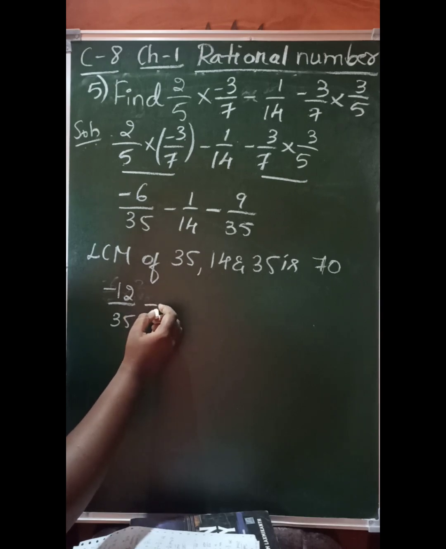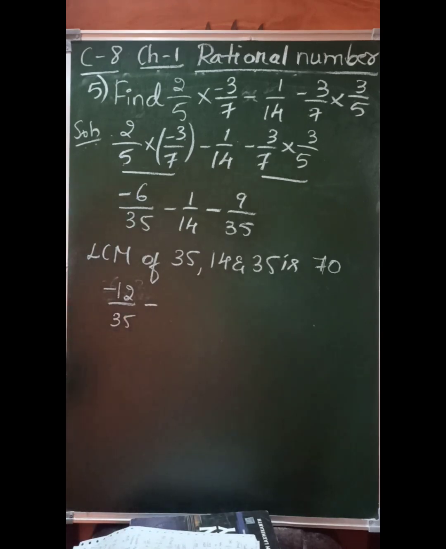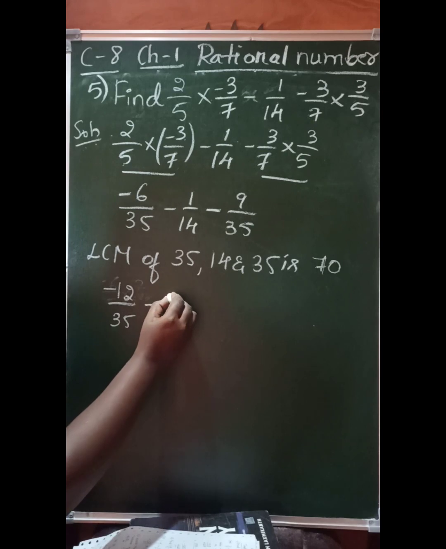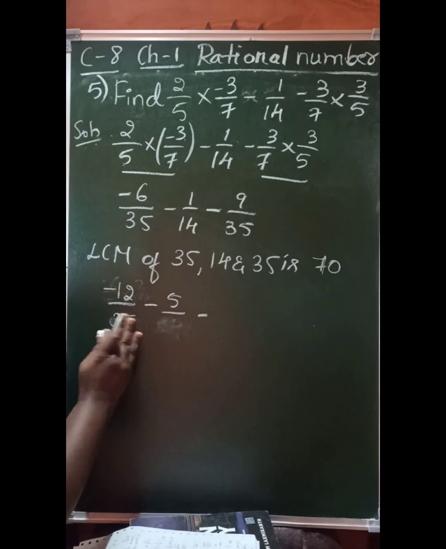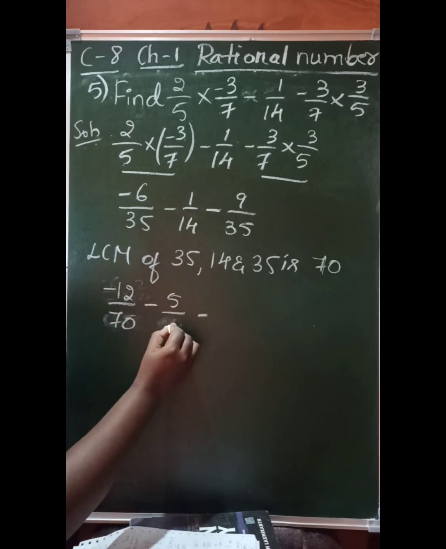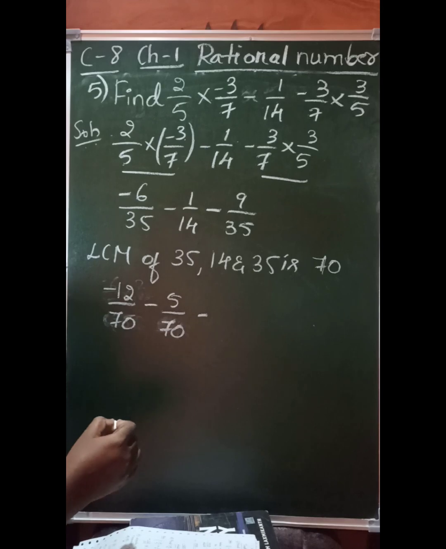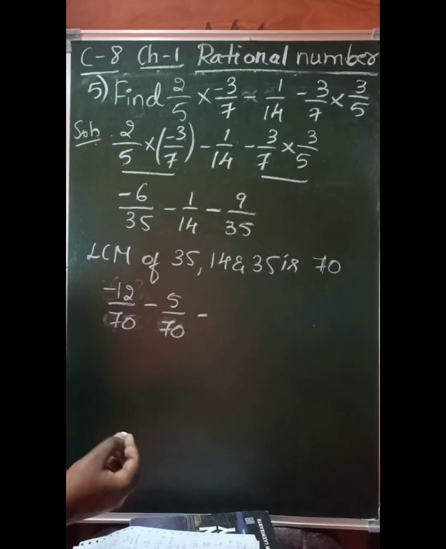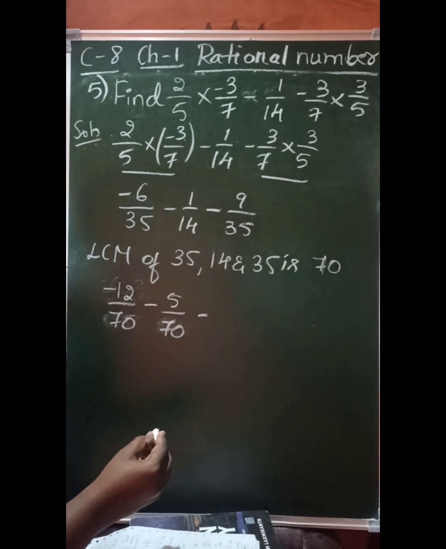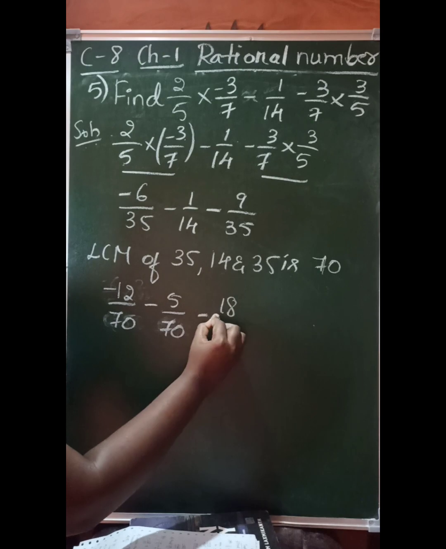Minus, so 14 5s are, so it will come 5 into 1 is nothing but 5 by 70, you have to consider. Here we have taken LCM now, you have to consider the 70. Then 35 is nothing but again 35 ones are 35 twos are 70, so 2 into 9 is 9 twos are 18, so 18 by 70.